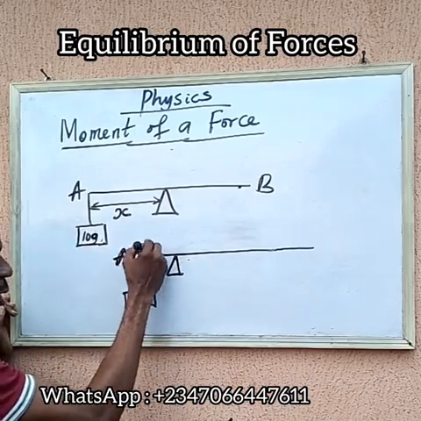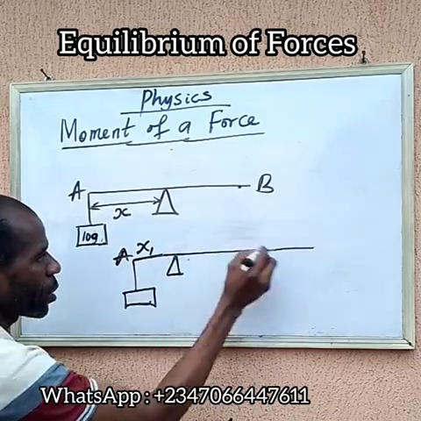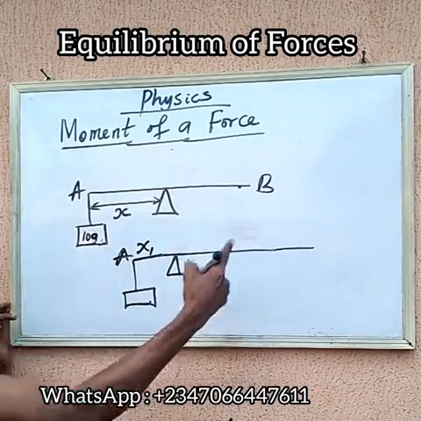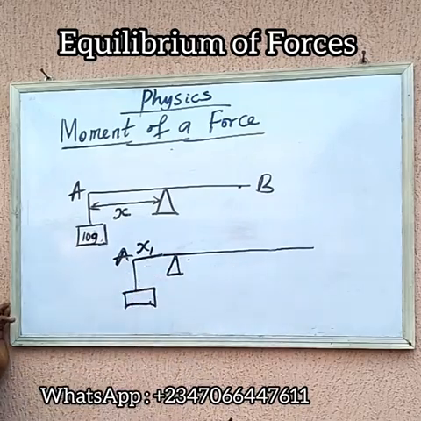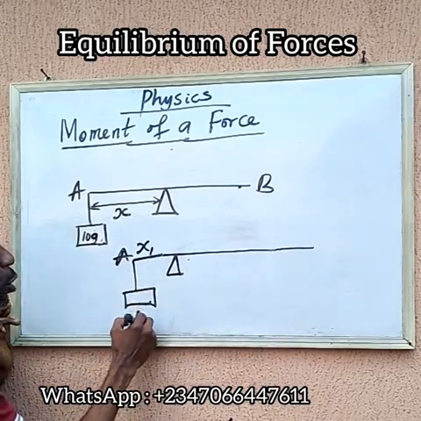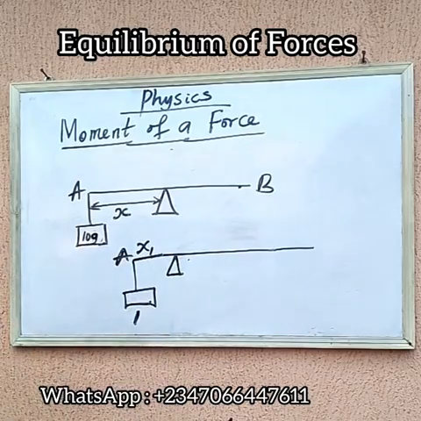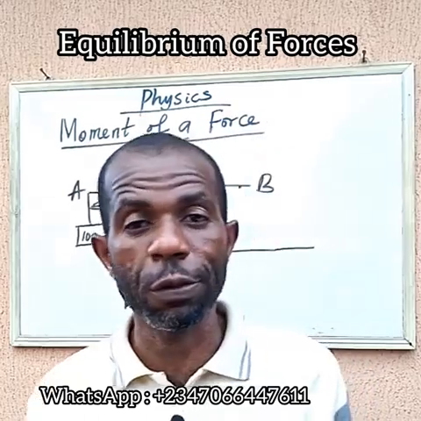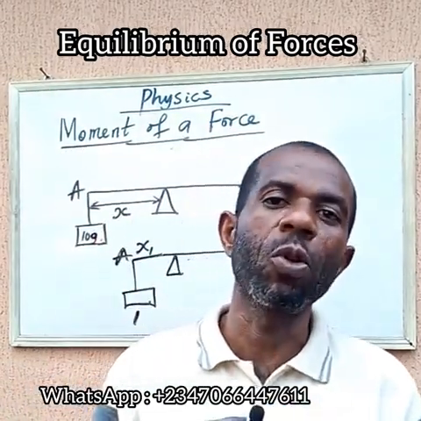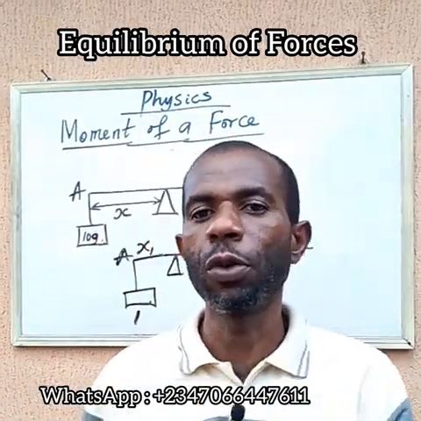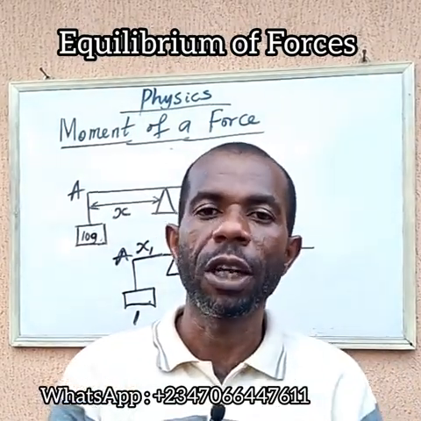So what I'm trying to say is that distance is very important. Even if you don't put another mass here, you can just adjust the distance. The closer the load to the fulcrum, the balance point we are going to achieve. So that is stable equilibrium.